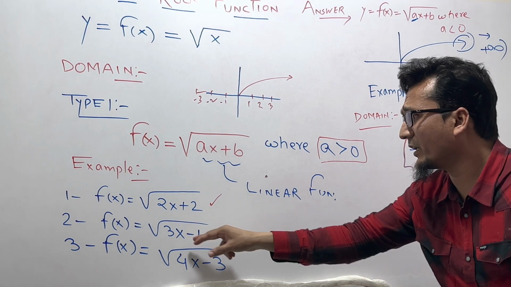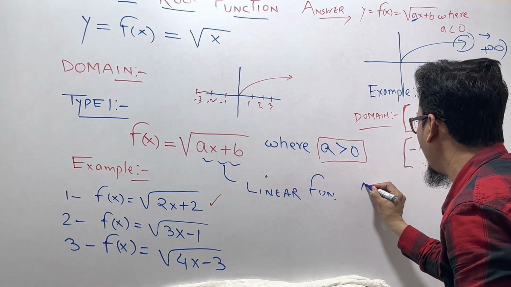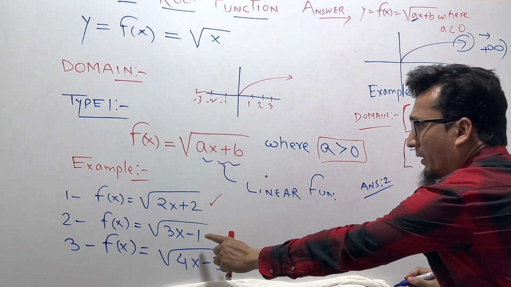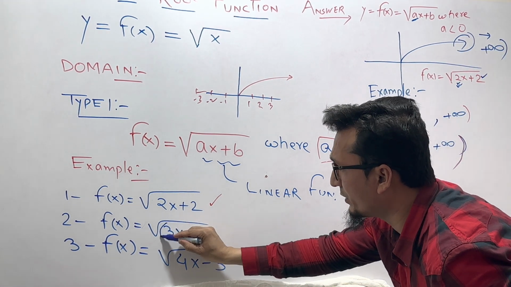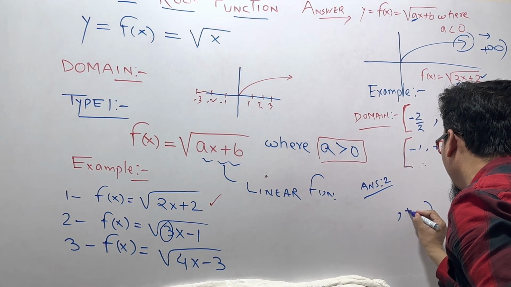For example, I have a second question. I'm going to write down the answer directly, number 2. Here, if you see this 3 is positive, so you have to make this one positive infinity.